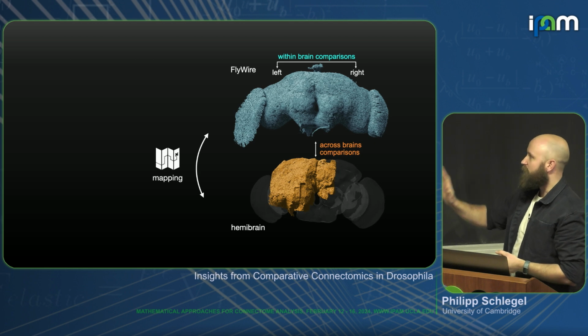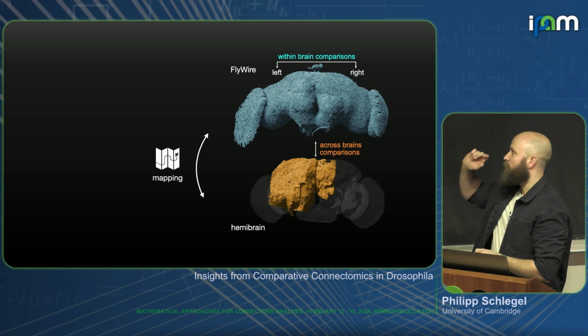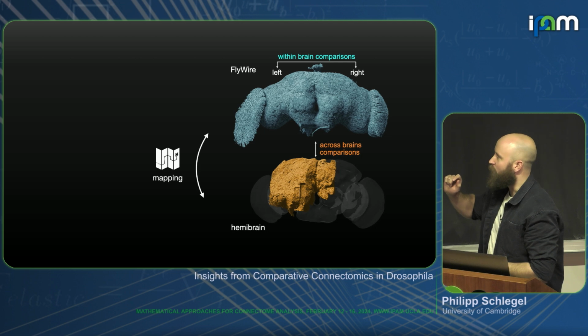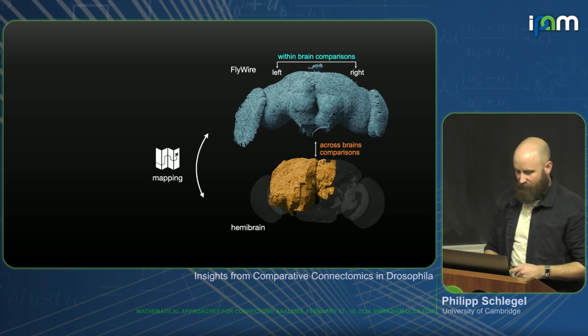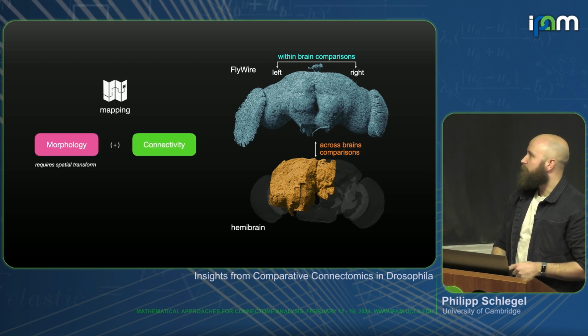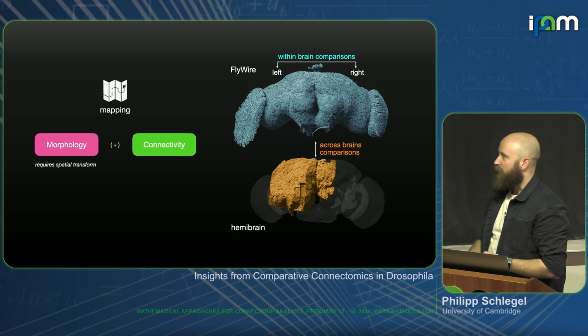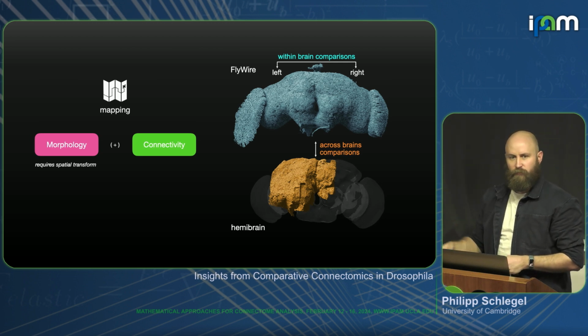In order to do that, we need a mapping. We need to be able to say which neuron in the hemibrain corresponds to which neuron on the left-hand side of FlyWire, say, pairwise. Now, there are many ways of doing this. For us in practice, it boiled down to using morphology.